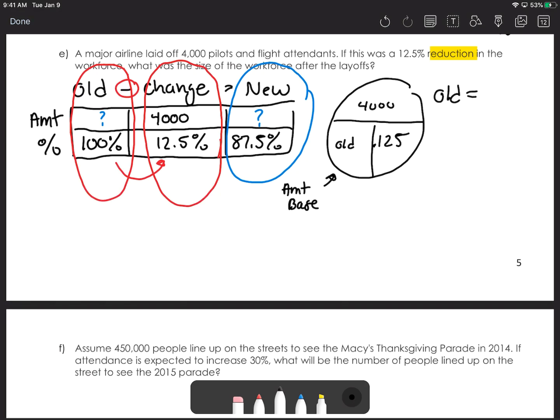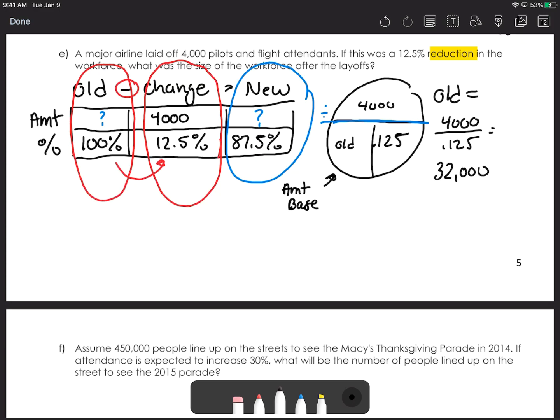So the old is going to be what I get when I take 4,000 divided by 0.125. Because what's separating the two values that we know is the division line. So when I take 4,000 and I divide it by 0.125, I'm going to get 32,000.